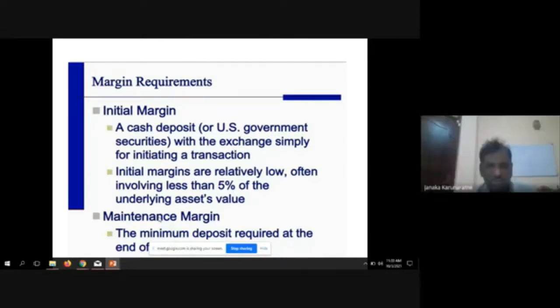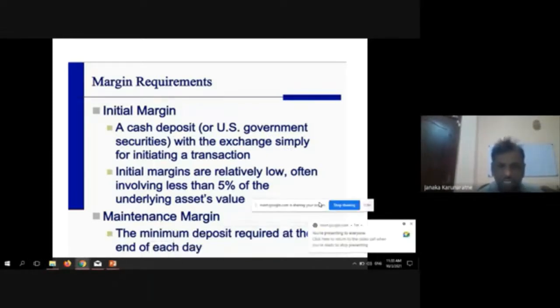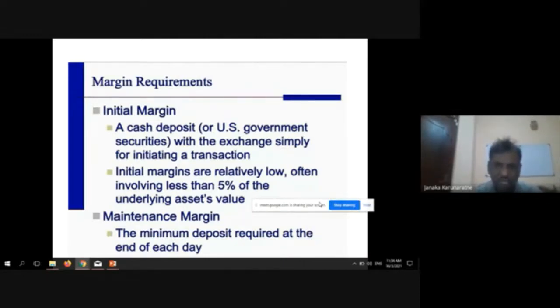Then you have to have a minimum deposit required at the end of each day, depending on the price, because futures prices also fluctuate like spot market prices. Take the example of stock equity, which changes on a daily basis. Here also, the value of interest rate related instruments will change, and depending on the change, your futures price also changes. So if there are adverse fluctuations, you have to ensure that you maintain the margin at a particular level.